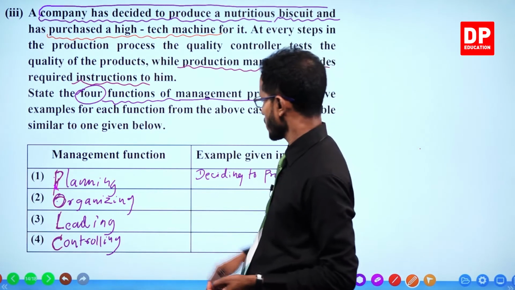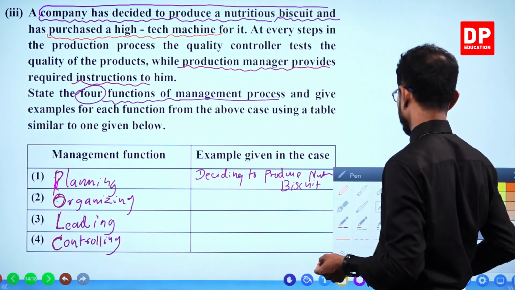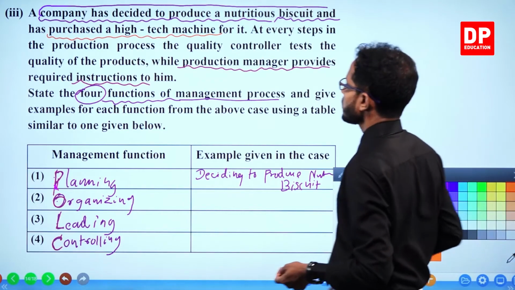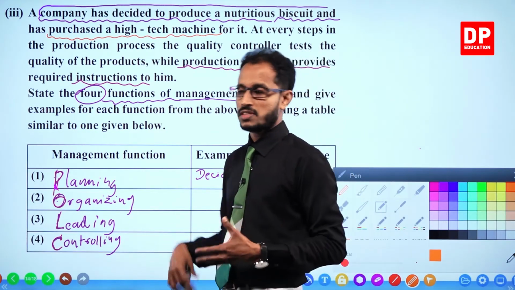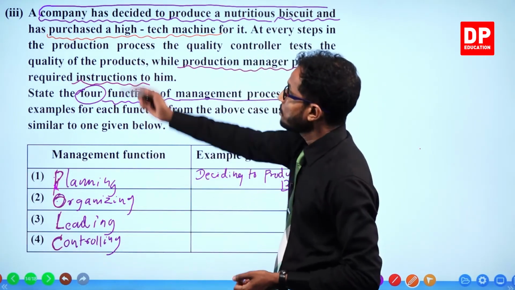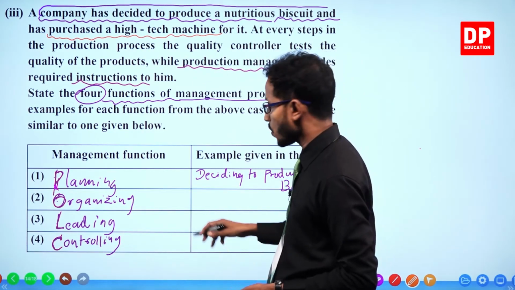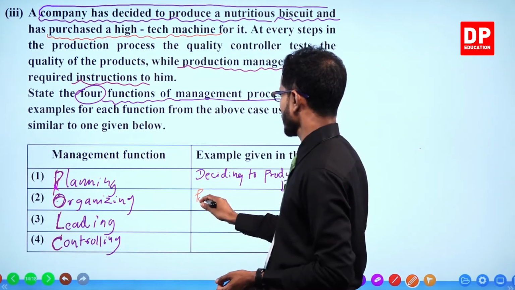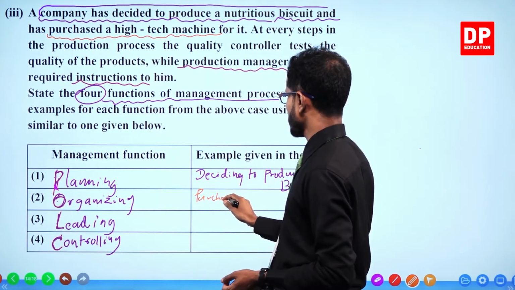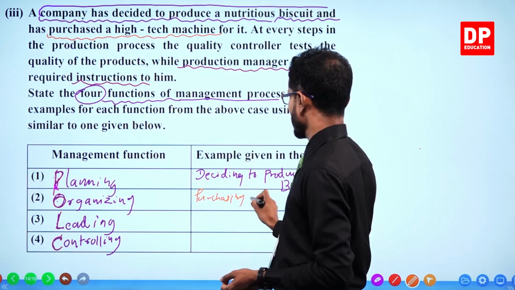Organizing. Allocating resources, giving out jobs, purchasing a high-tech machine for it. Organizing. Purchasing a machine.